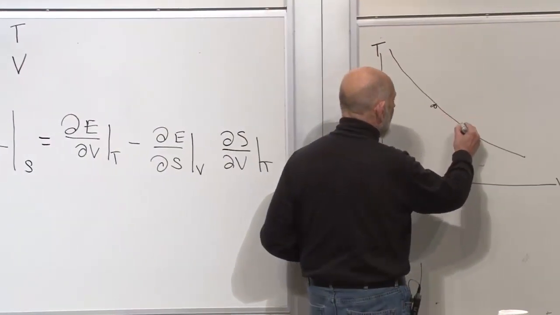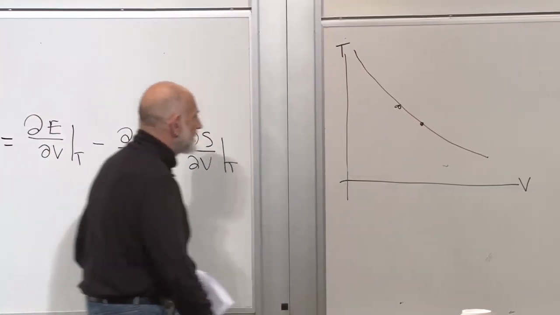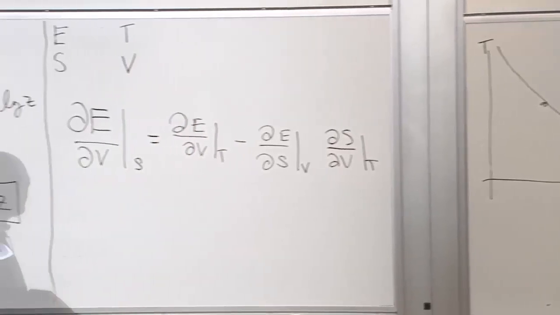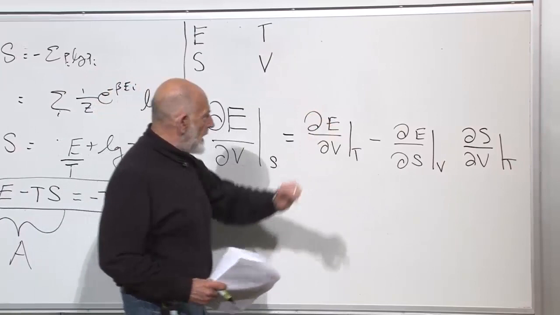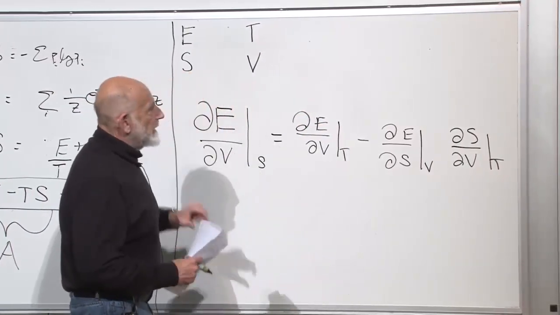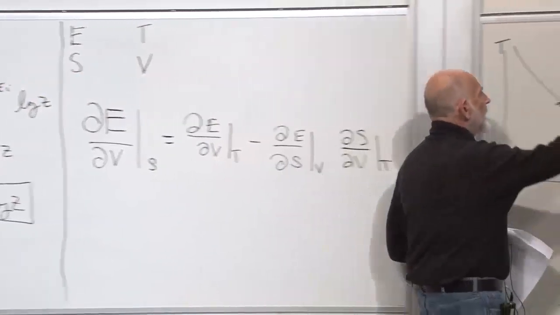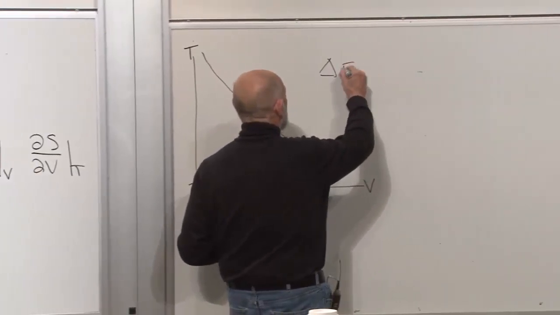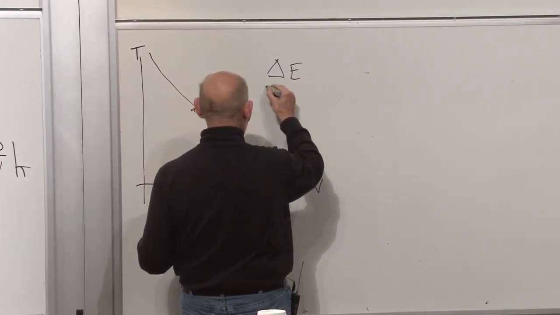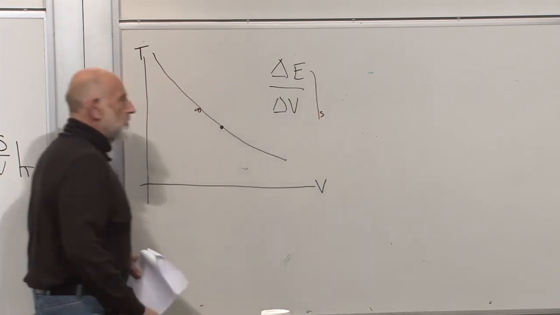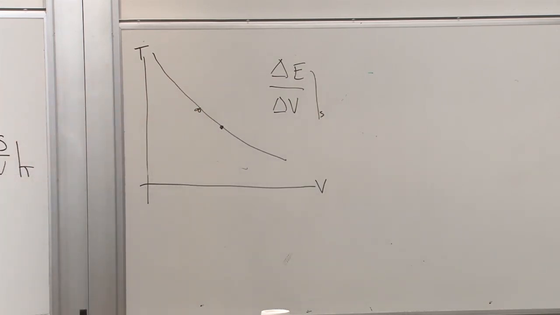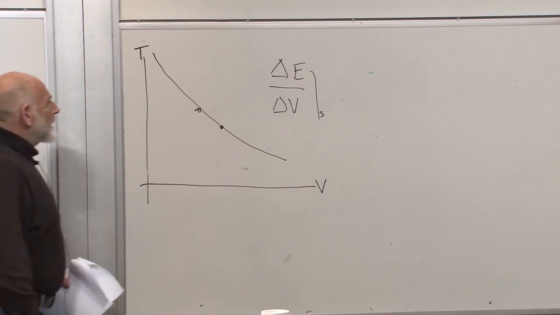We're going to change the volume to go to a point over here, and we're going to stay on a line of constant S. So along that line of constant S, we're calculating, if you like, delta E by delta V. I use the notation delta E and delta V because I like to remind myself that these things are actually ratios of differences. All right.